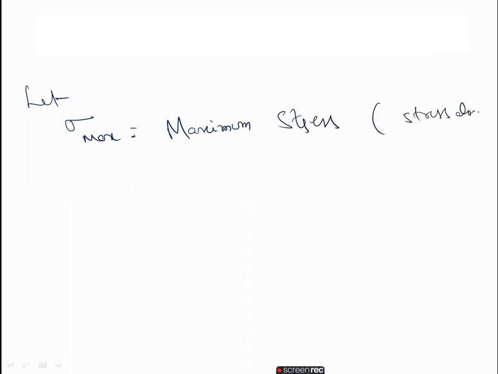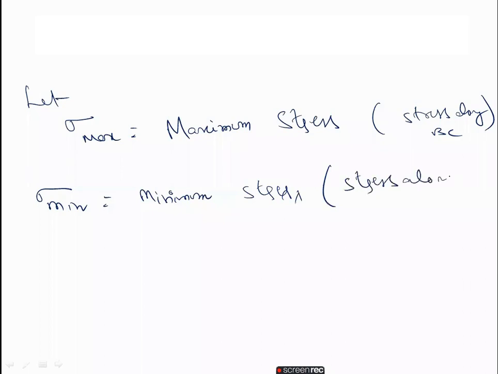Let us take sigma max equal to the maximum stress, that is the stress along BC. Sigma minimum equal to the minimum stress, that is the stress along AD.